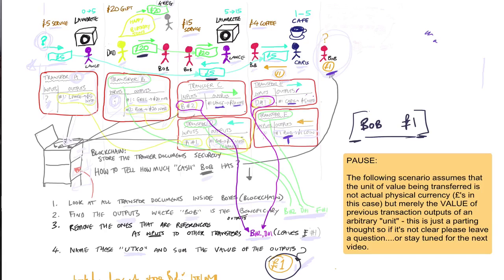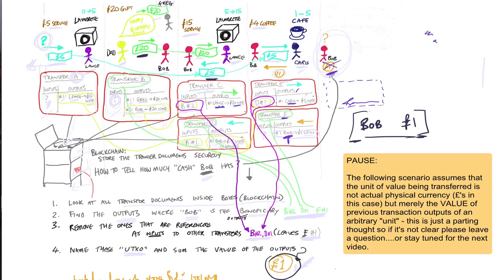So basically, if he could prove in a subsequent transaction that he was the beneficiary of transfer F by somehow signing this transaction down here, then you could actually do away with the coins altogether. And you could say, actually, we don't need to carry coins and notes around. We can actually just use these documents as transfers of value, right?